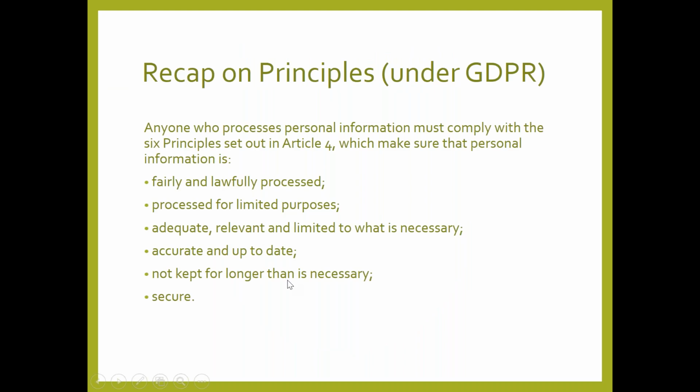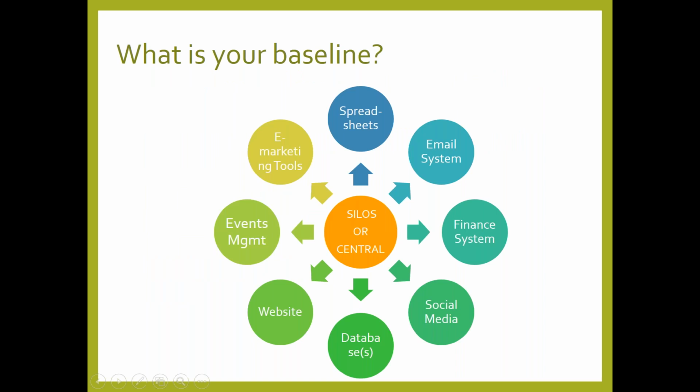Just to recap on the principles again, I'm not going to go through these, but these are the principles that Paul brought up earlier, so what I'm talking about today is in context to these. And so the first question is, what is your baseline? Because ultimately, if you're managing people's data, it's got to be possible to do that in an easy and efficient way. Our clients tend to come to us because they are living in data silos.